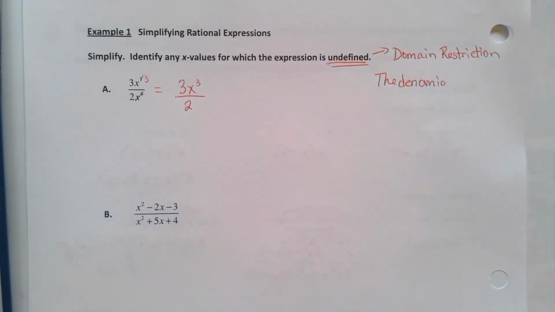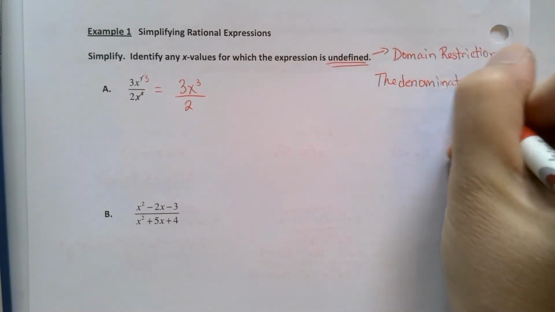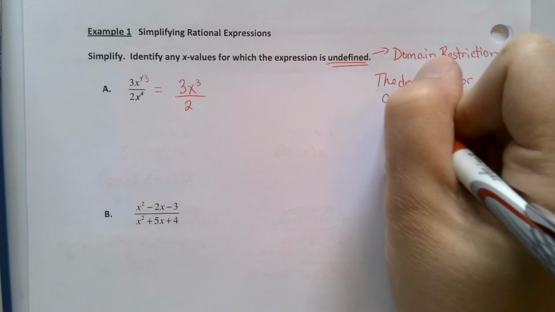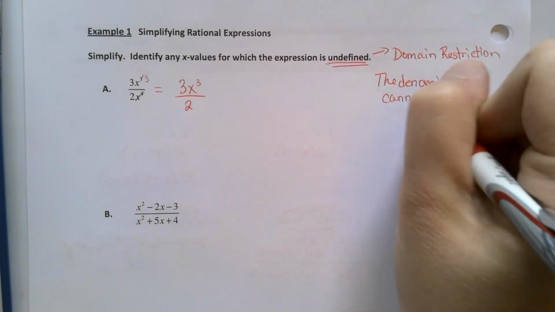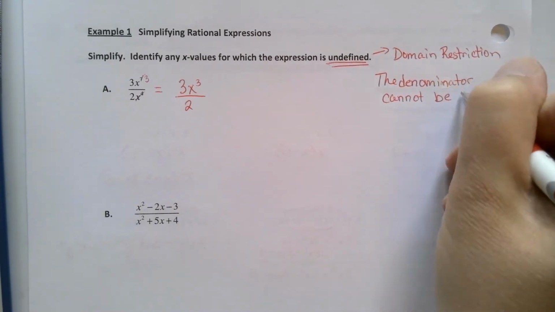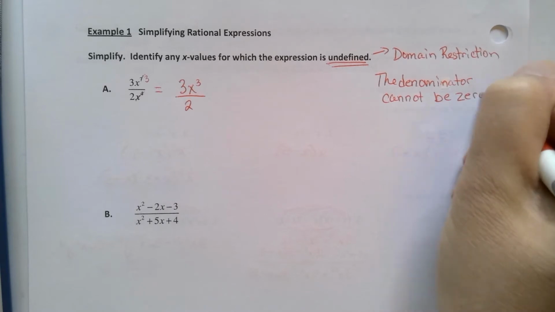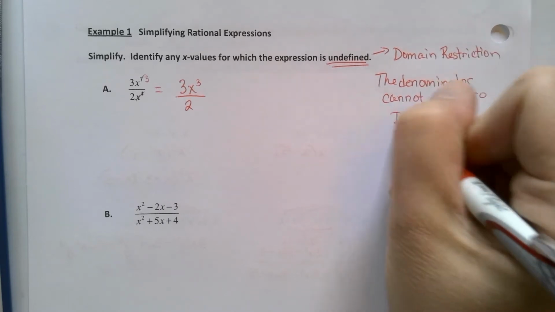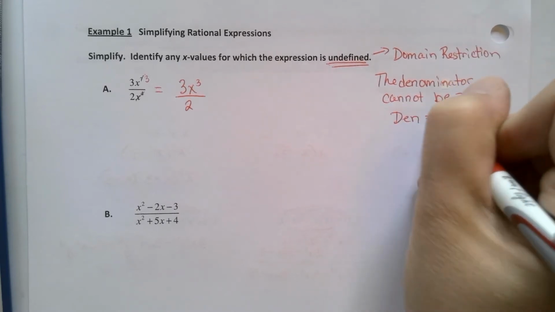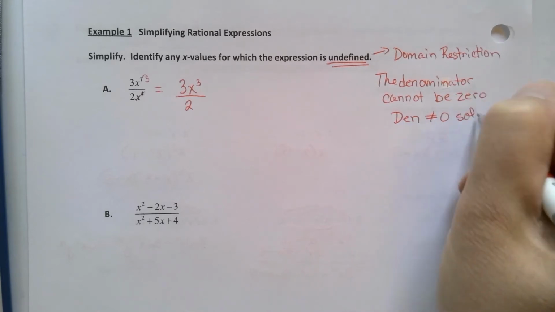Denominator, let me fix that, cannot be 0. I'm going to write out the word zero so it'll look like an L. So basically you're going to set your denominator not equal to 0, and then you're going to solve.